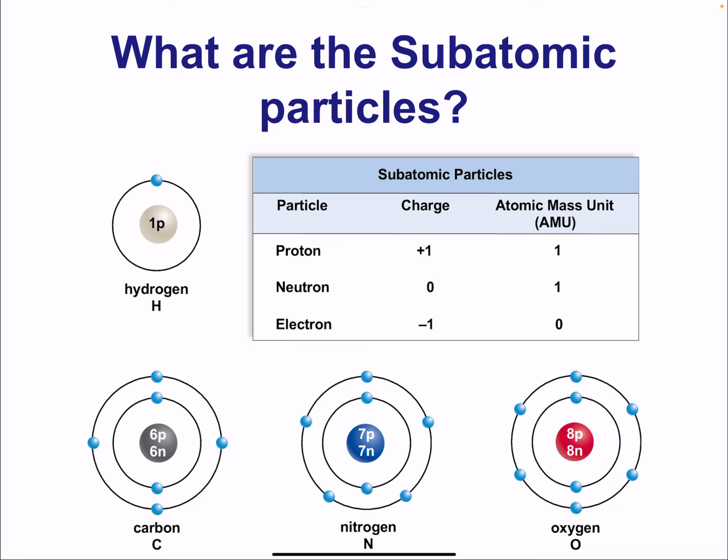Now, in the nucleus of an atom, you are going to have two types of subatomic particles: protons that are electrically positively charged, and neutrons that do not carry an electric charge. This is part of what we call the nucleus, the central part of an atom, right?